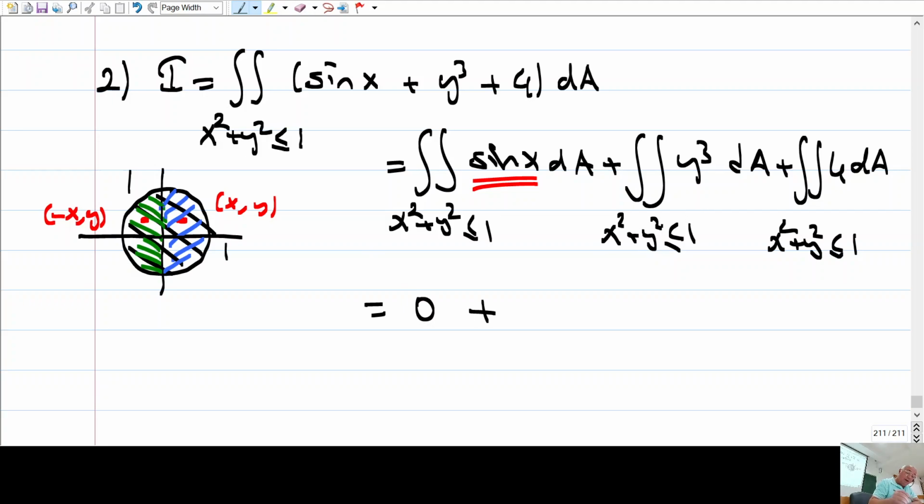What about this one, y cubed? Well, it is something similar.